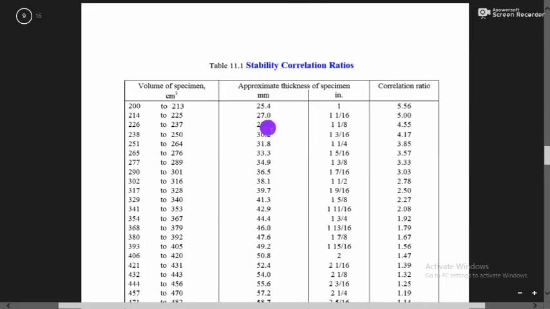Table number 11.2, stability correction ratio, volume of the specimen in cubic centimeters, approximate thickness of the specimen in millimeters, and correlation ratio.